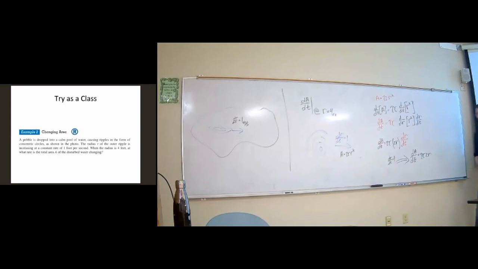We know that r is equal to 4, so dA/dt at r equal to 4 is going to be pi times 8.